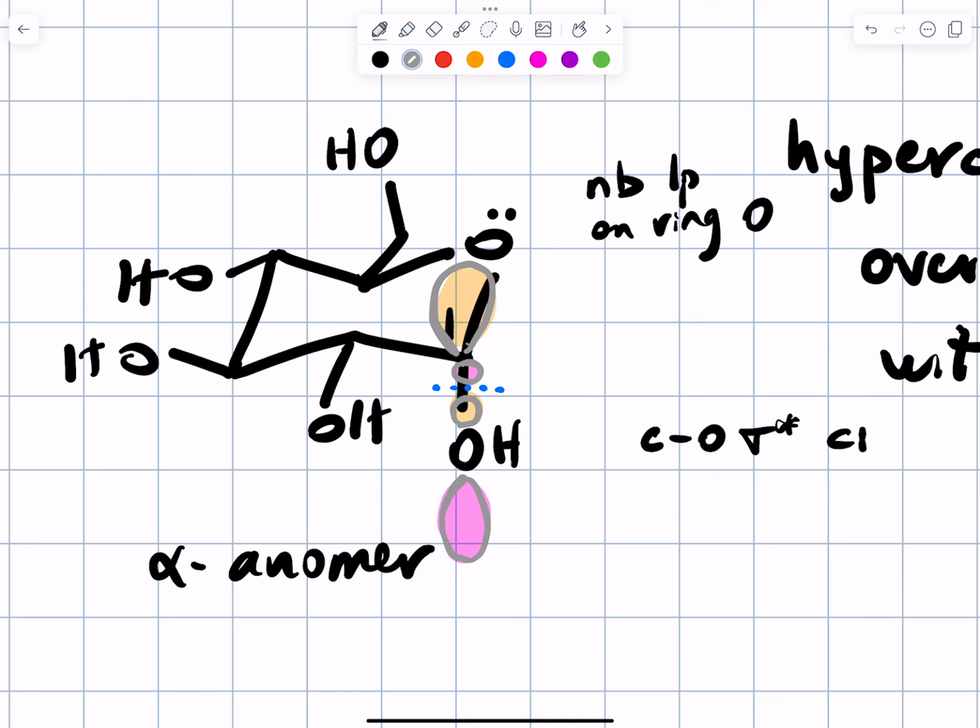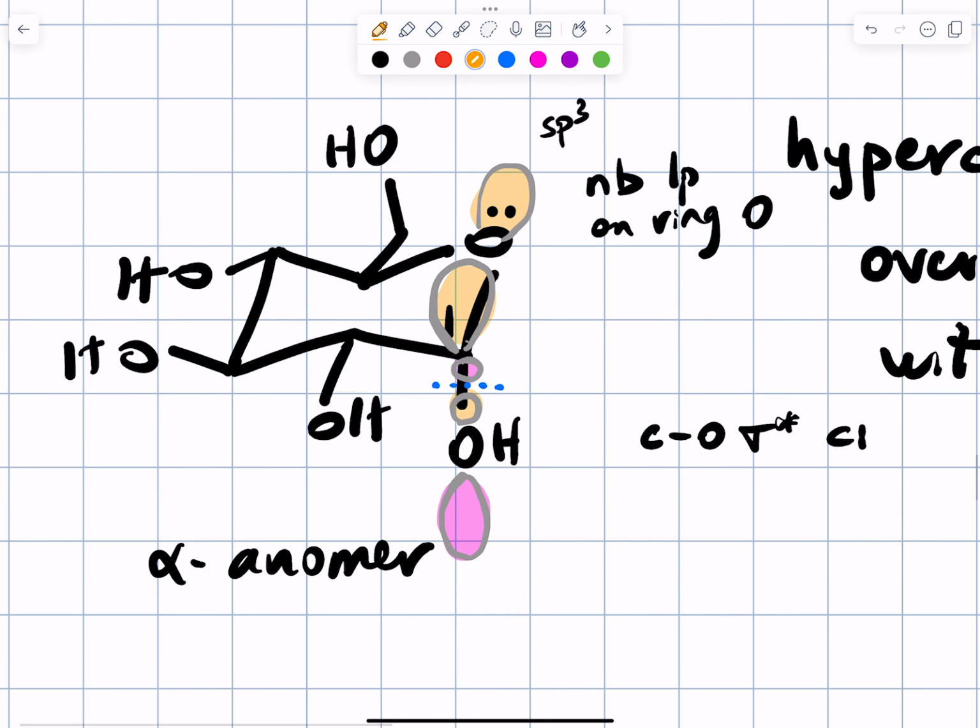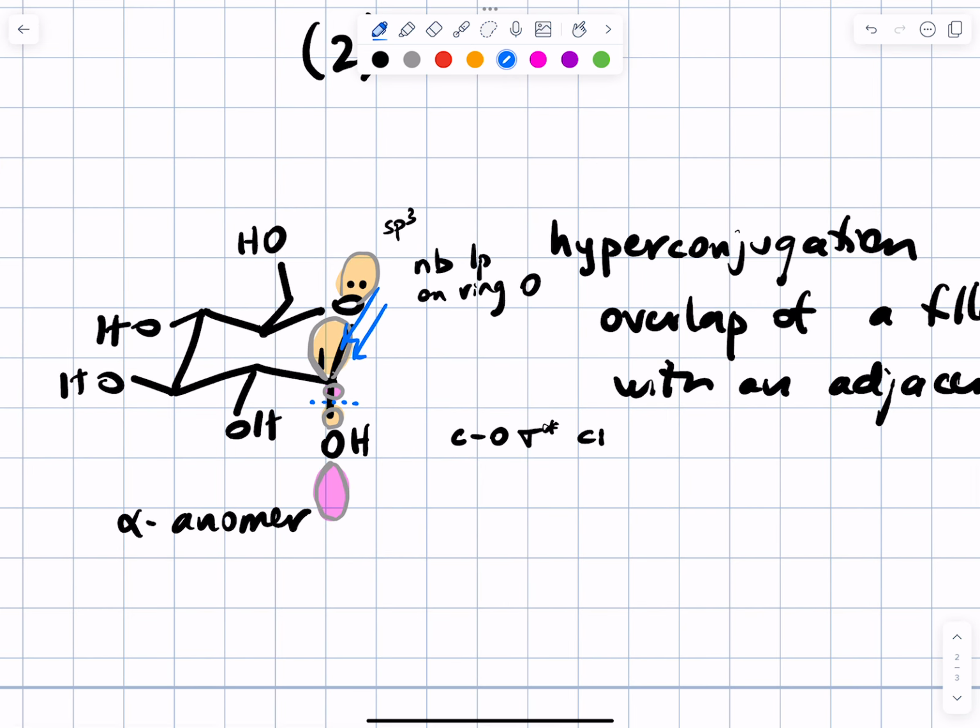And in that orientation, it overlaps perfectly with non-bonding lone pairs on the oxygen that are probably in an sp3 hybridized orbital. I'm drawing it like this. There's another lobe here that I'm not drawing just to avoid confusion. Hyperconjugation is delocalization of electron density from the non-bonding lone pair into the sigma star.